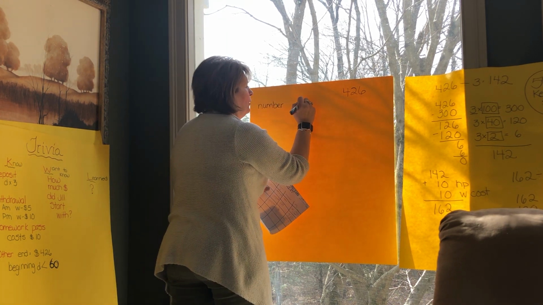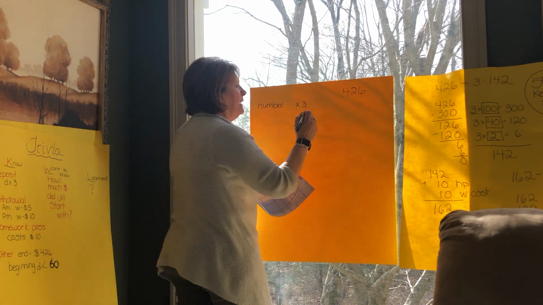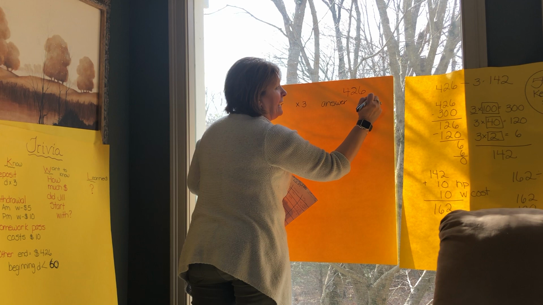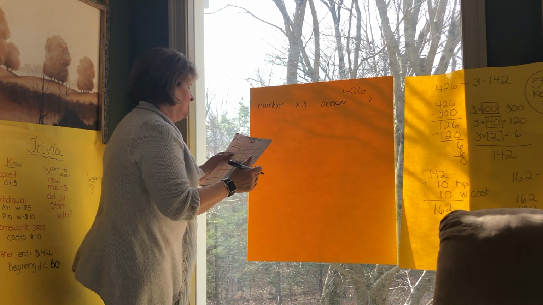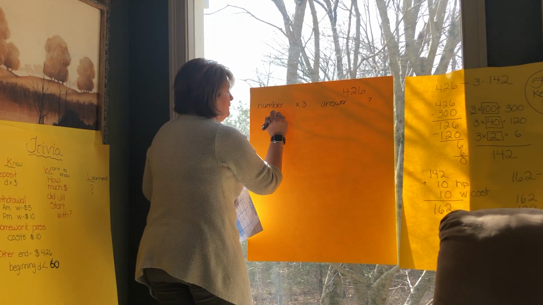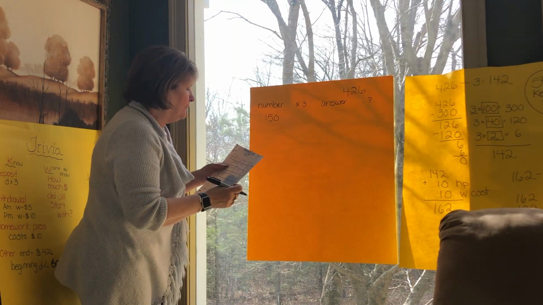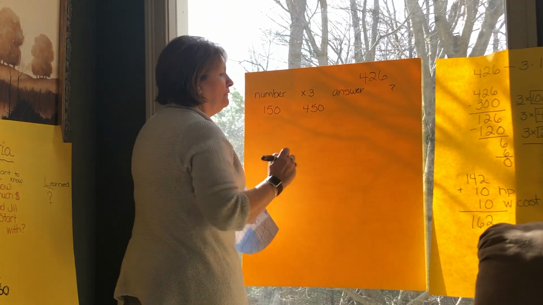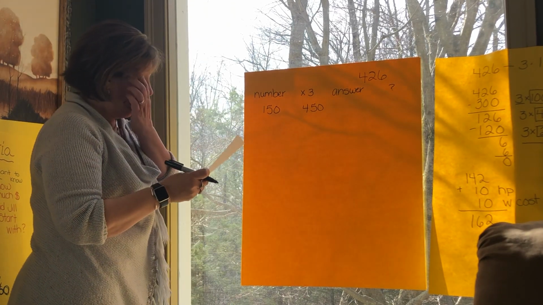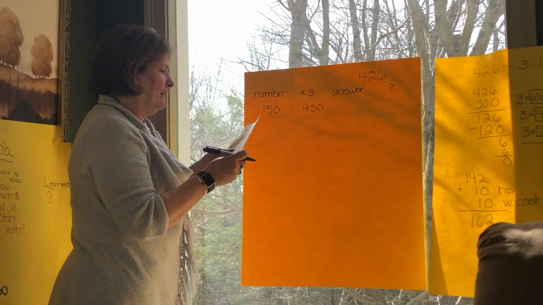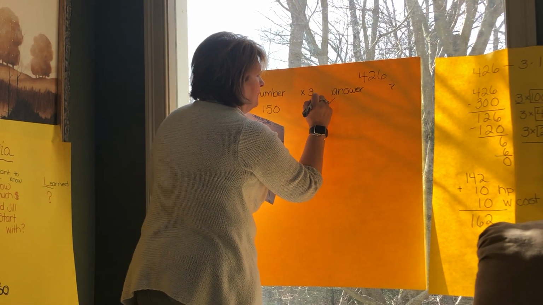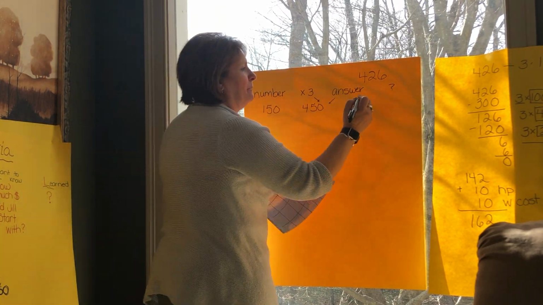And then she was going to multiply that by 3, get the answer, and then say, am I going to get 426? So she started with, well, let's say if we started with 150. 150 times 3 is 450. Okay, 450 was her answer. And so that can't be right.